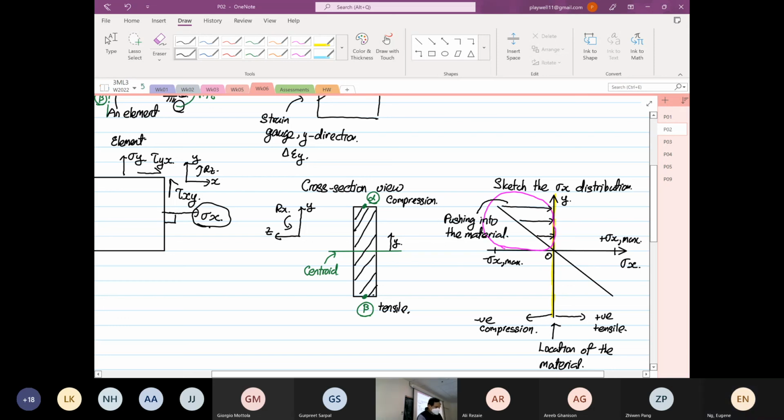So that's why we have this compression loading at the top, or Y positive. Then at the other end, the arrow, just drawn in blue, is pulling away from the material.